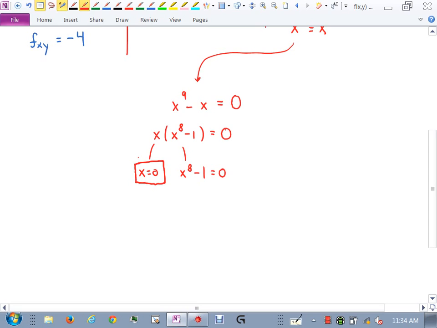The other one, how can you do this one? There's a couple of options, but what do y'all think? Move the one over and then 8th root. Does that seem legitimate? Yes? Because you don't have to worry about dividing by 0 there.